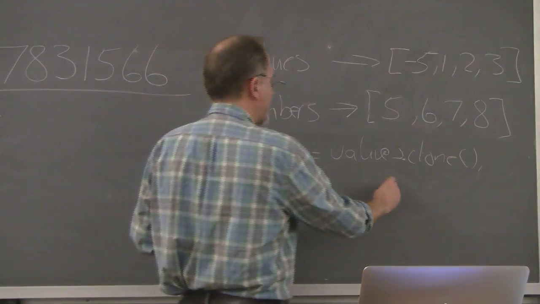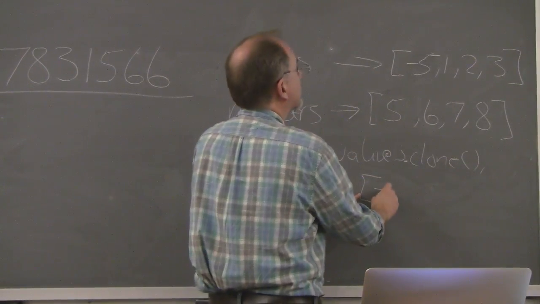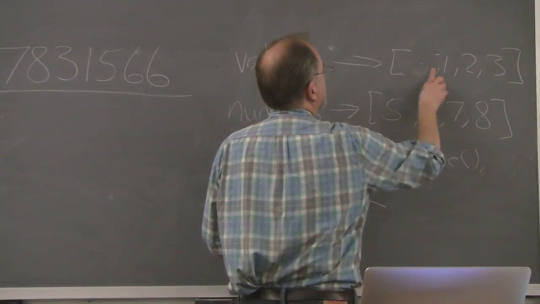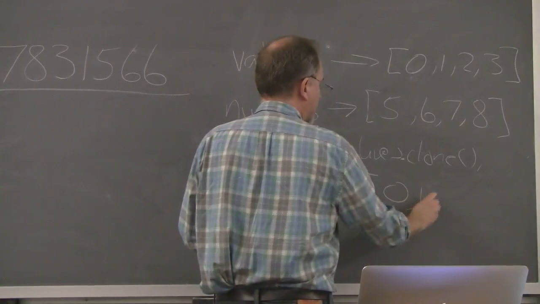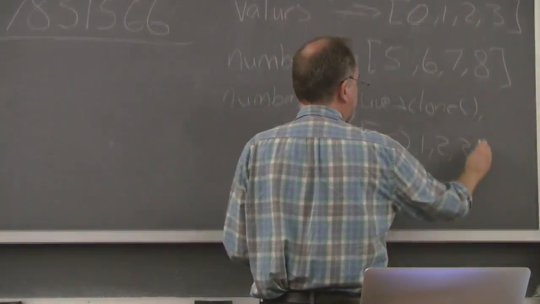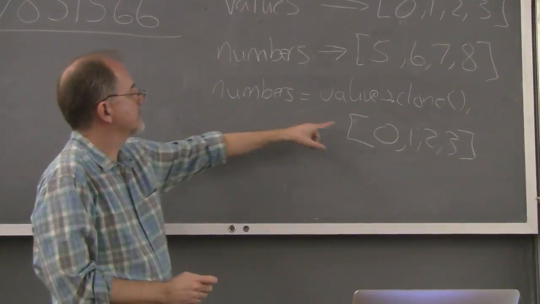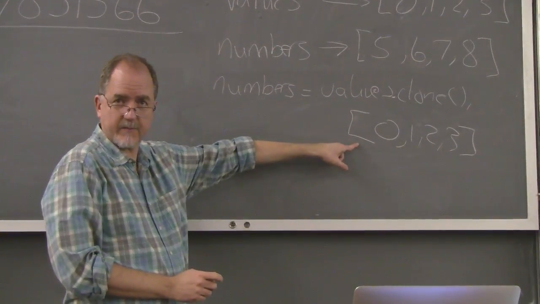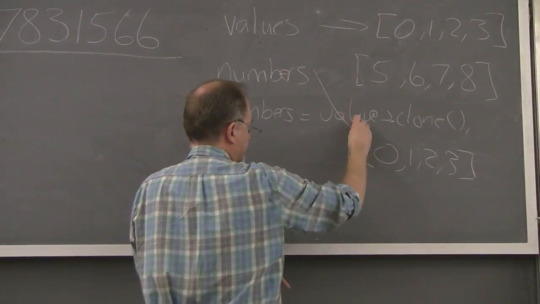So what really happens here is that there's a new object on the heap that holds, still 0 here, it holds 0, 1, 2, 3. And I say, make numbers reference that object, right? That's what assignment means in this case. So this reference now goes to this object here.